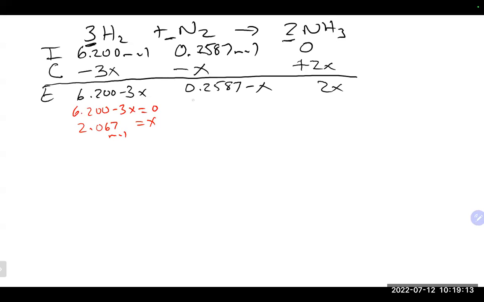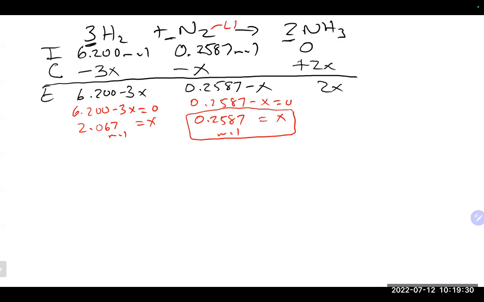We're going to set the other guy equal to 0, which pretty much is the answer there. X would equal 0.2587 moles. In this particular case, we see that this guy here is the smallest number. That means that the N2 is the limiting reagent, and by default, the H2 is the excess reagent in this particular problem.